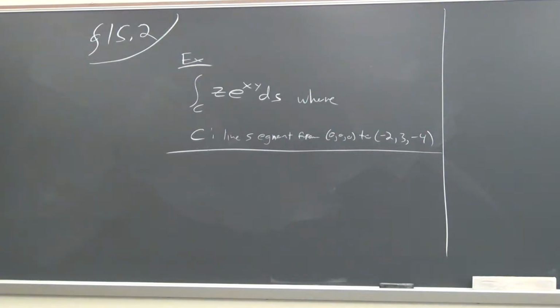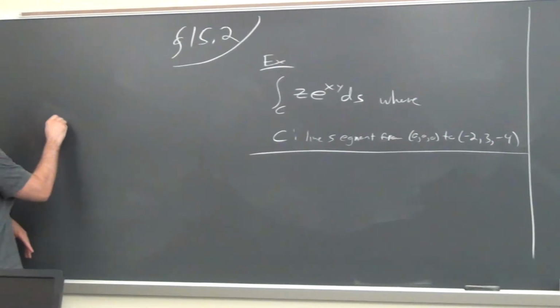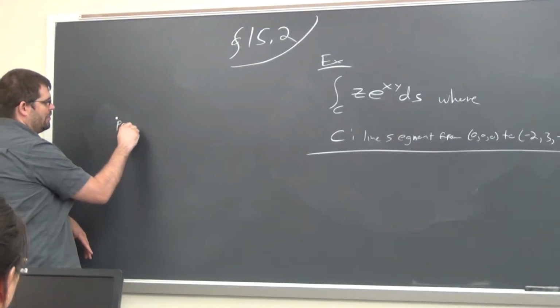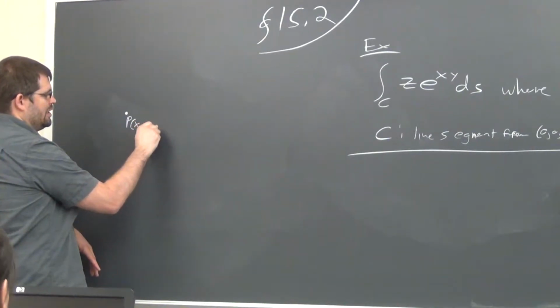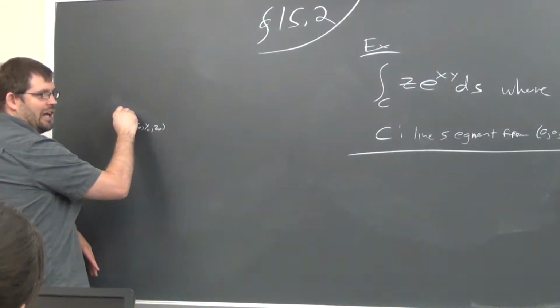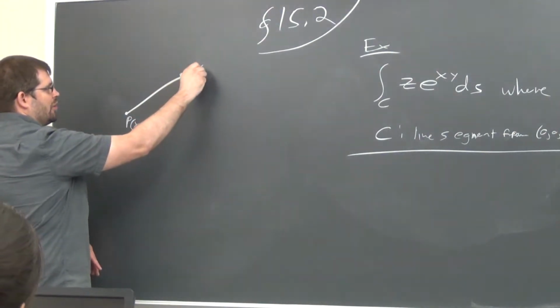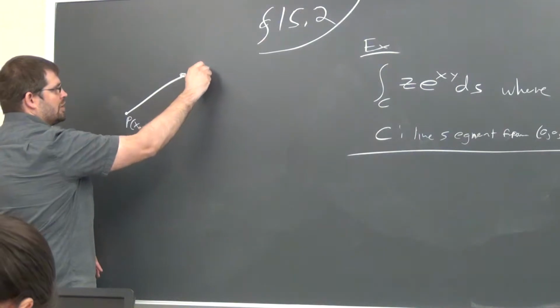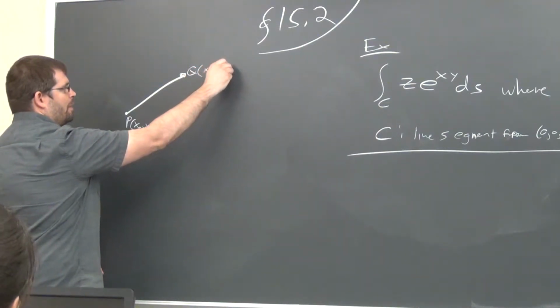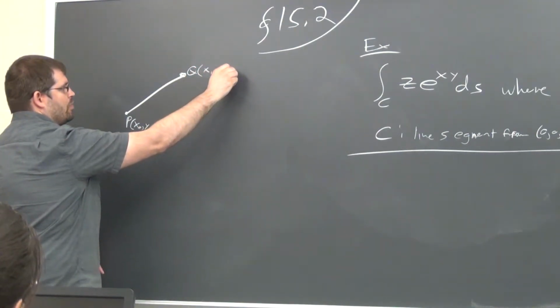And so in this particular case, the parameterization you can come up with for C is pretty simple, but before we do it for this specific one, let's talk about it in general. If you've got some point P, let's say this point x naught, y naught, z naught, and you want the line segment that goes from P to some other point Q, say x1, y1, z1.